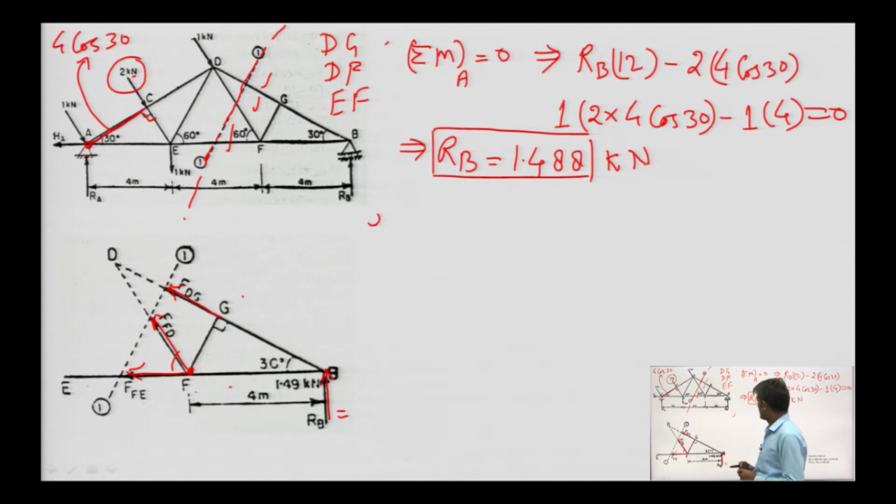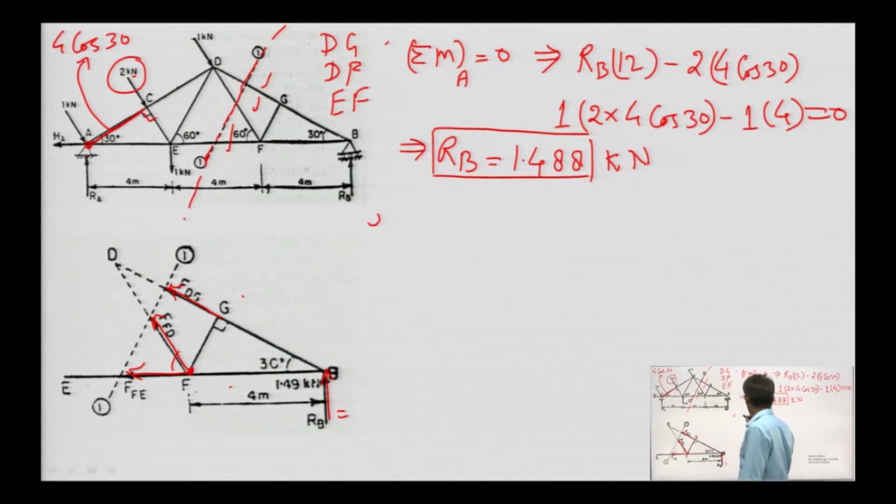The next step: in this figure, if we apply the sum of moments at point F equal to 0, then we will get the value of FDG.